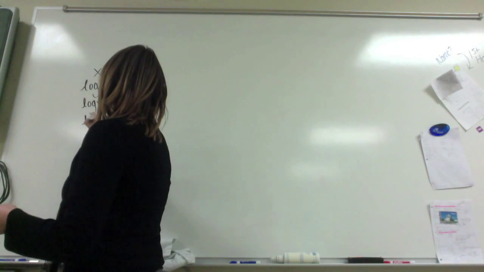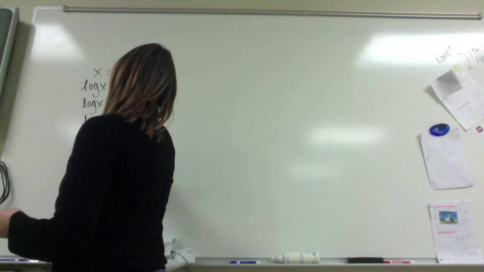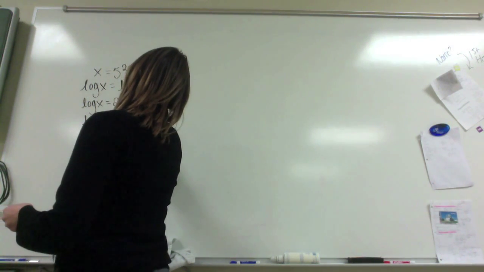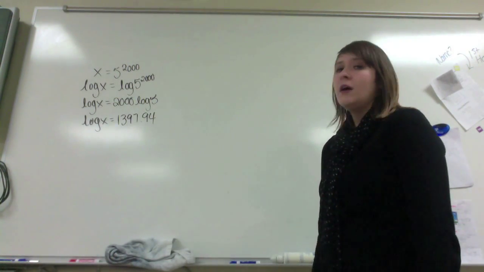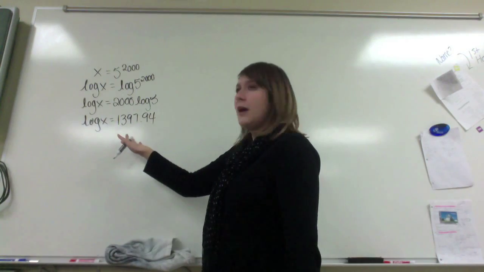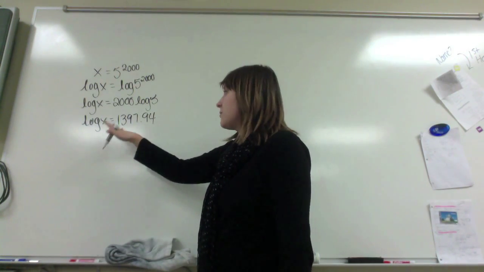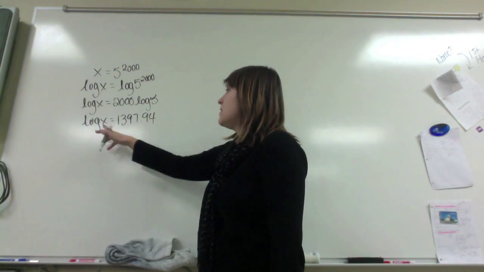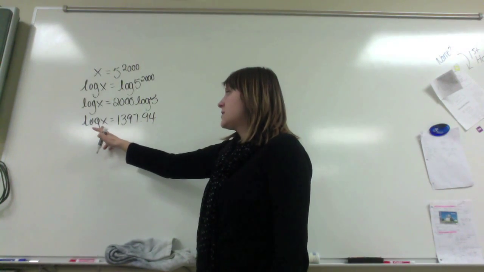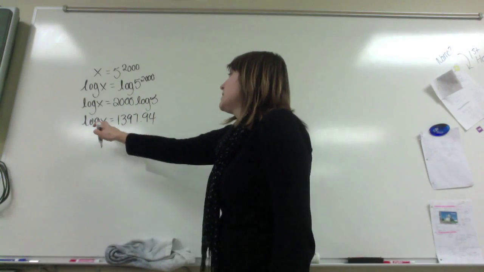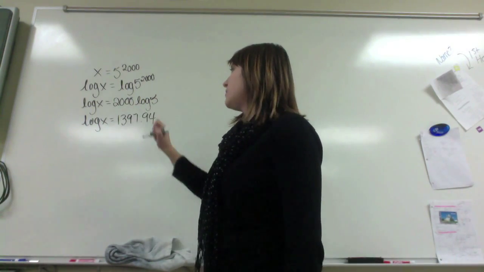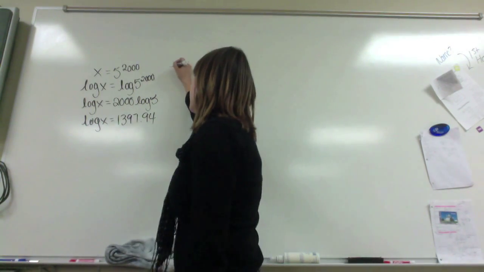So log of x equals 1397.94. I'm not done yet because I don't have x equals, I have log of x equals. The base of this common logarithm is 10, so I can say 10 to the 1397.94 equals x.